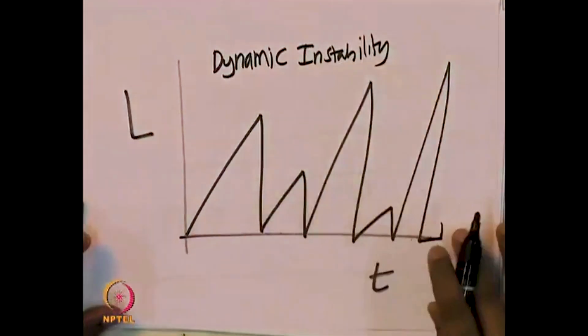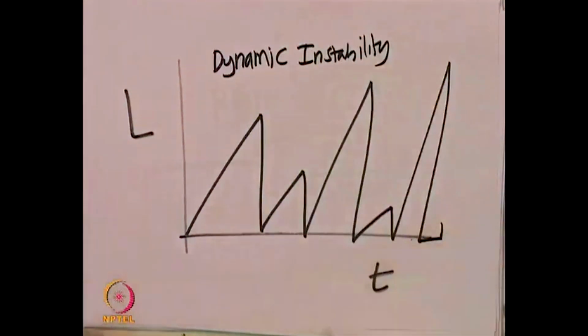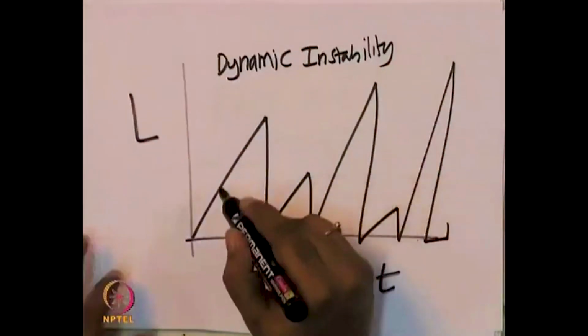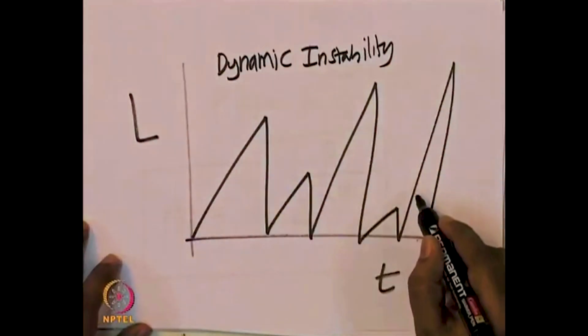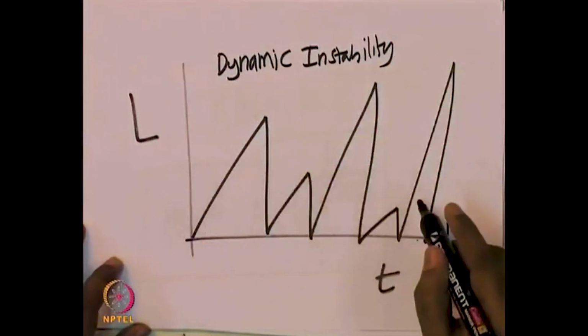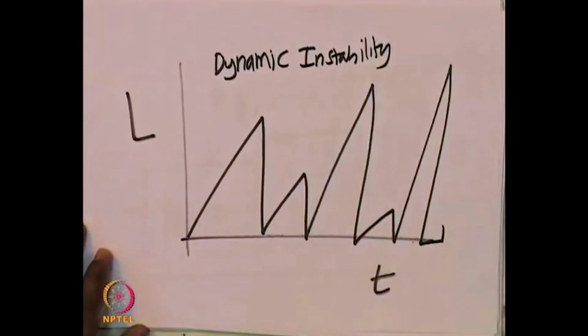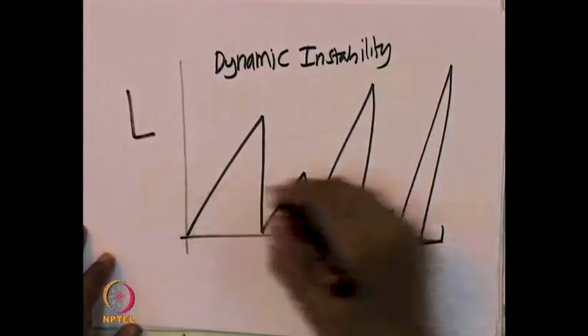If you know length as a function of time, we can always calculate the average length, and we can also calculate the standard deviation. We can even calculate the distribution of length. And do you know what the distribution of this length is?